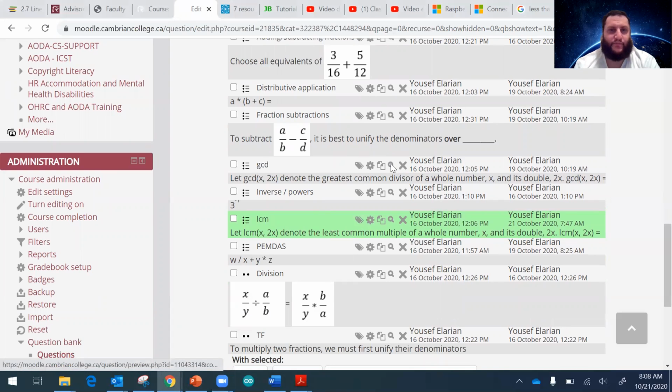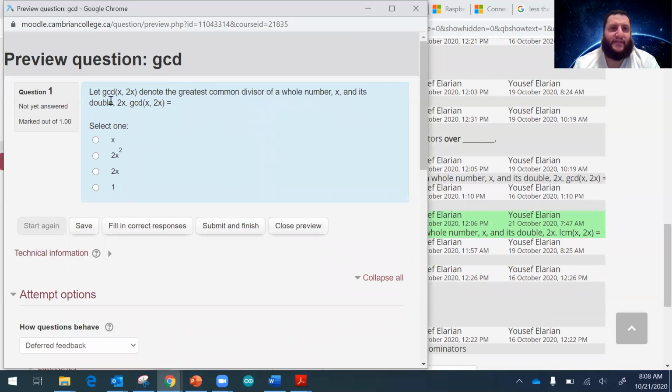GCD question. Let GCD of x and 2x denote the greatest common divisor of a whole number x and its double 2x. GCD of x and 2x would be, now remember, the GCD, greatest common divisor, can be only as great as the minimum of the two numbers.